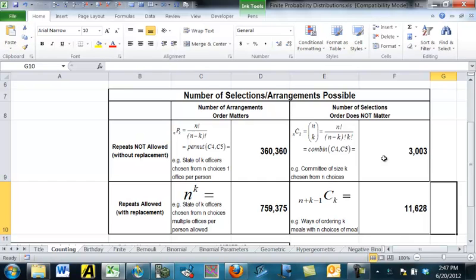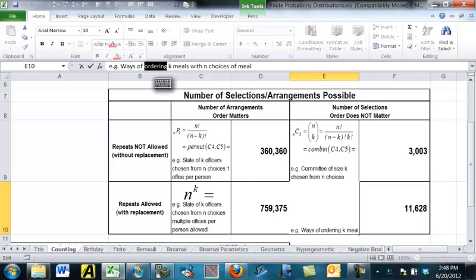And here we have the ways of placing an order for k meals with n choices of meals. So we're selecting k things. Maybe I should say selecting instead of ordering, because ordering makes it sound like they're in order, and they're not.